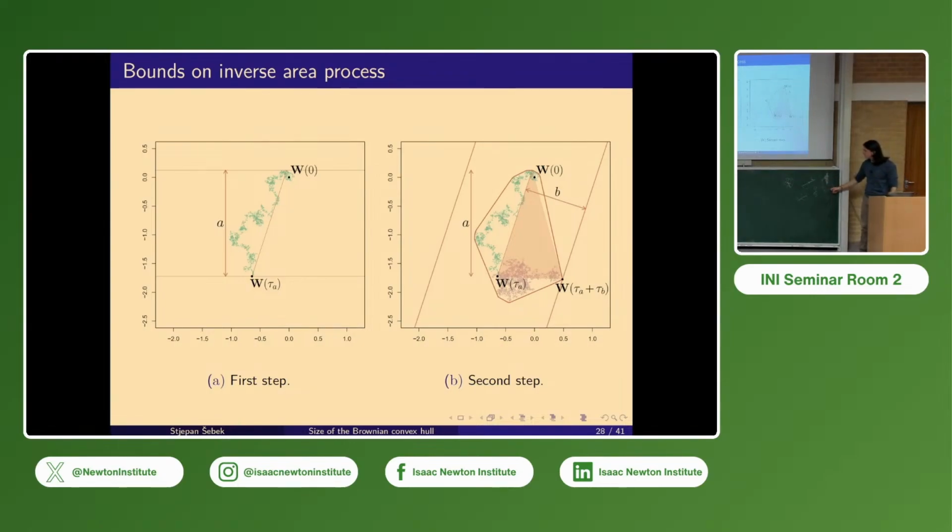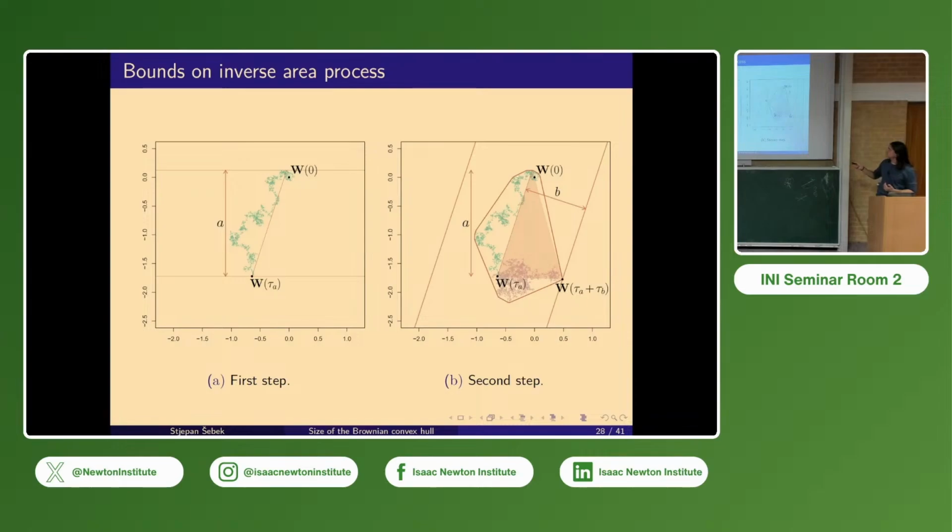Let's say the radius of this ball is A. We won't wait until we exit the ball of radius A. We will just wait until at least one of these two range processes, related to the first and second component of our Brownian motion, attains level A. Because when it happens, for sure we know that there is some point here on this level and some point here on this level, so we have this type of segment inside our hull, and its length is at least A. So we really do have a segment of length at least A inside our hull.